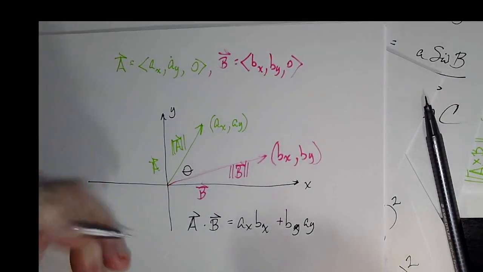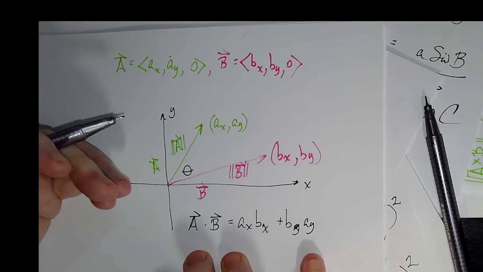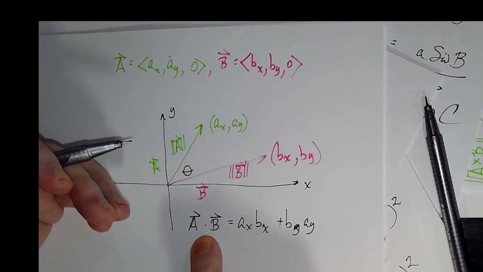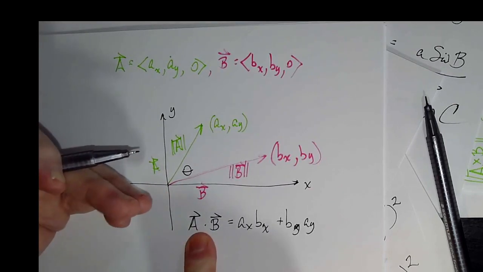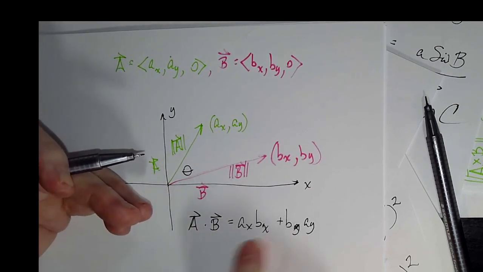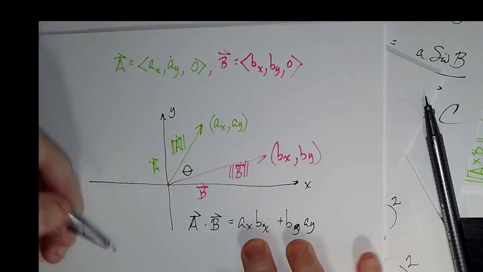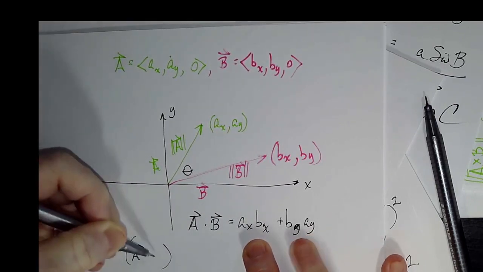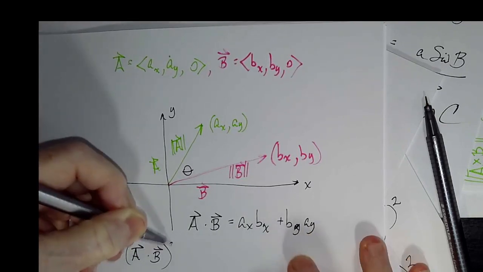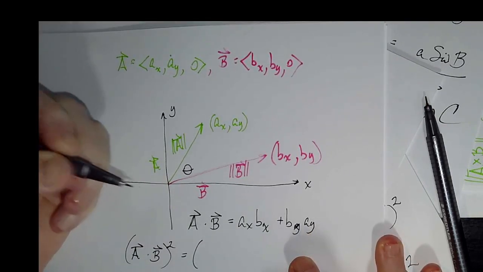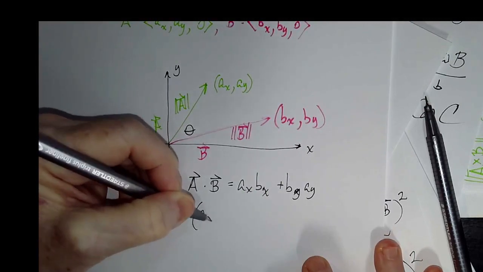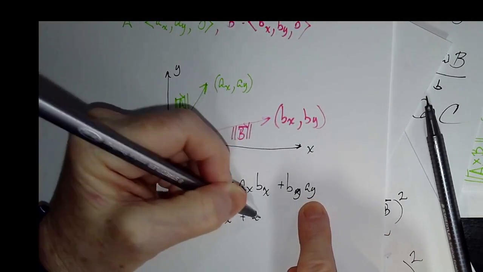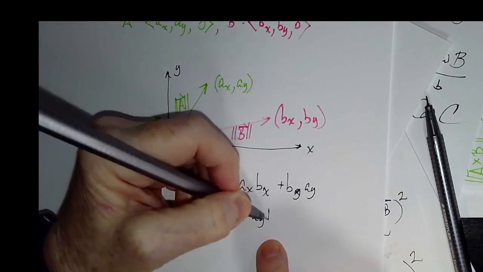Okay, good. And I can see that the dot product of A and B is a scalar. So let's just see what that thing looks like if we square it. So we'll have AX, BX, plus, and I'm going to write this the way I should have before, AY, BY.